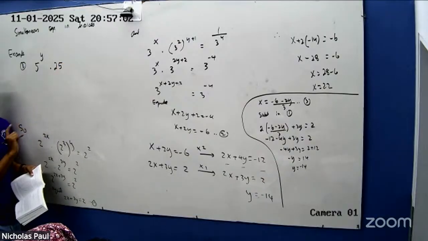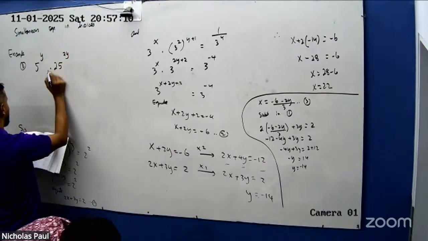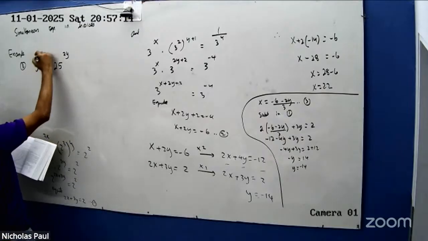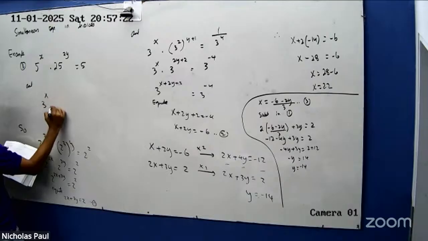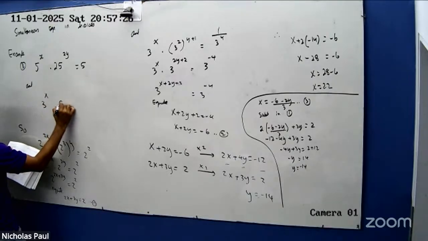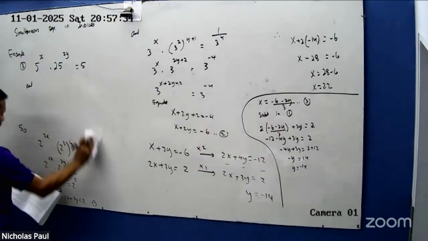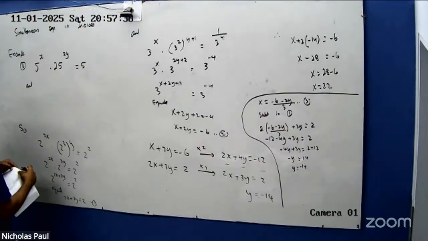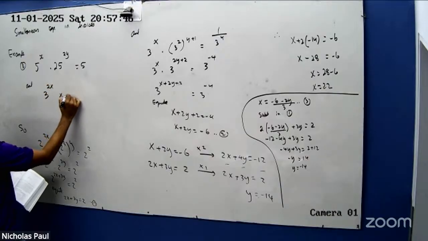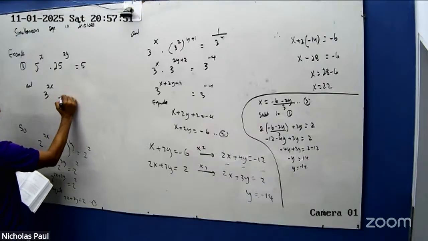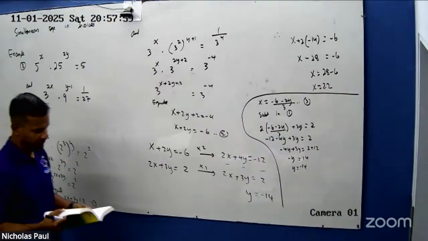Somebody wrote a minus sign that was multiplied. 5 to the power of x, sorry, that was wrong. 5 to the x by 25 to the 2y is 5.